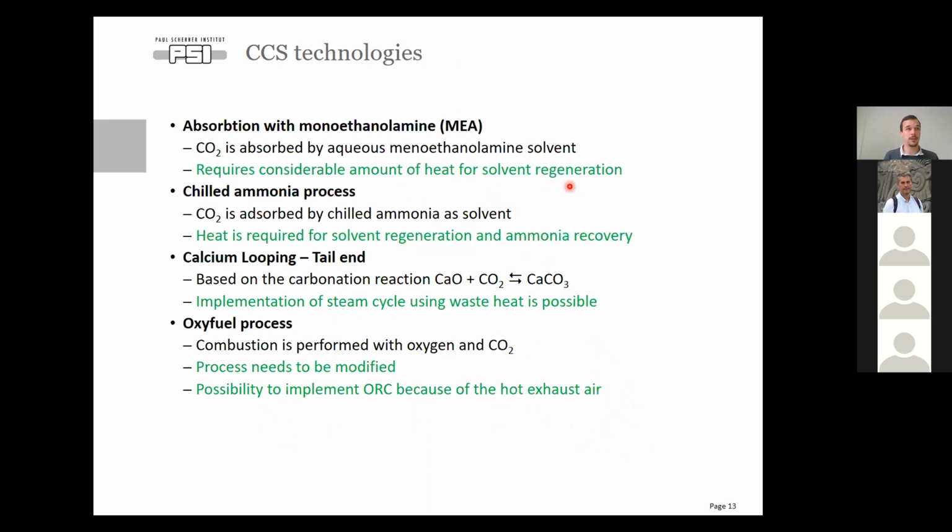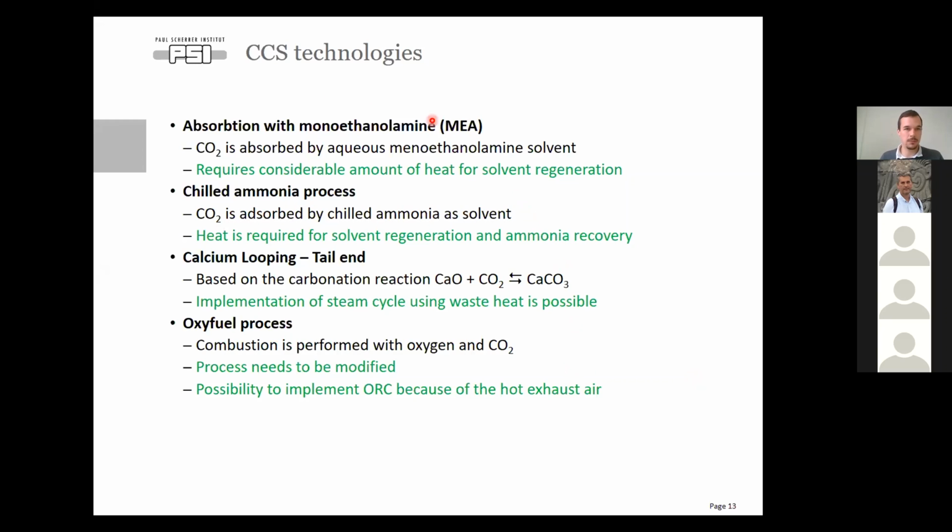The last thing that I want to highlight from the model methodology are the CCS technologies, and why we have such a big advantage with our new process-based modeling technique.